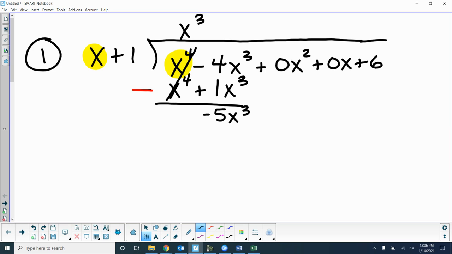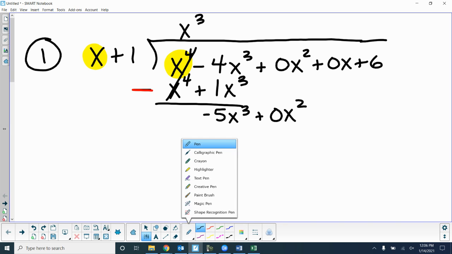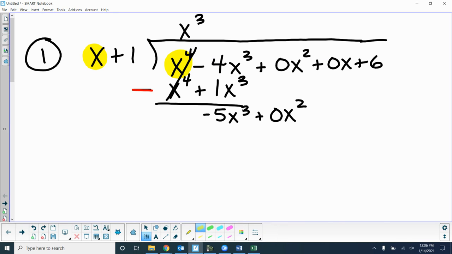Then after you do that subtraction problem, you get one term, and you bring down the next term so that you have 2 terms. And then you start the division part over again. And again, all it is is this monomial divided by x. All right, so what is negative 5x to the third divided by x? Right, negative 5x to the second.